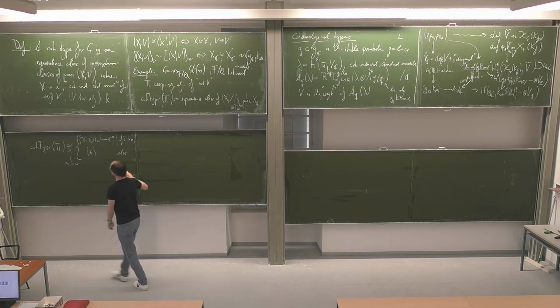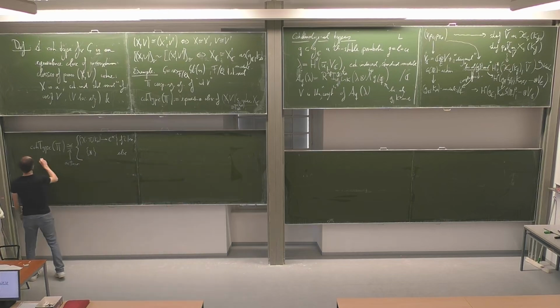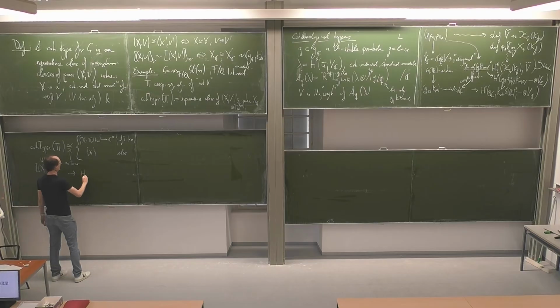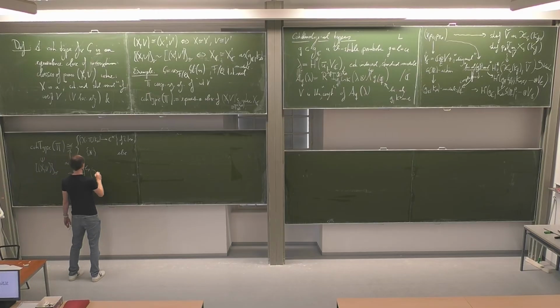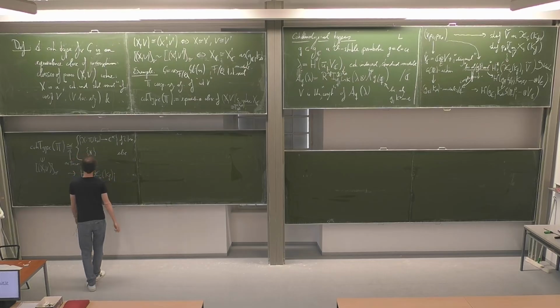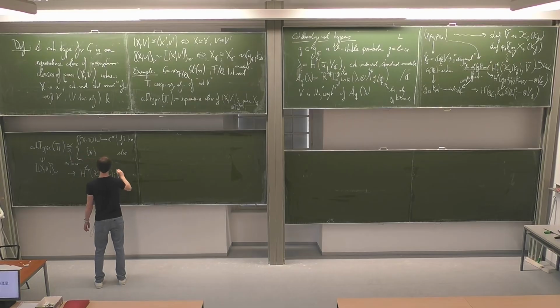Because for each element here, the isomorphism class of this form, you actually have that in the bottom degree homology here of this V tilde, the pi_f component.